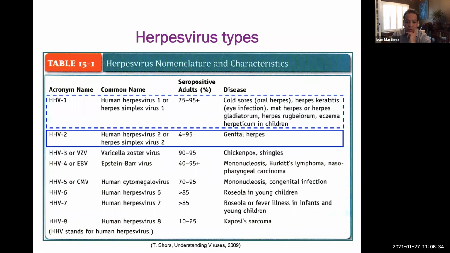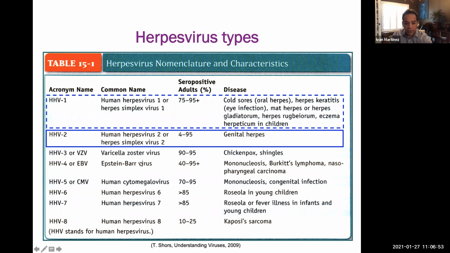This is just a table of the different herpes viruses that are related to human diseases. We cannot talk about all of them in just one class, but we're going to be mostly focusing on HSV1 and HSV2. They are related mostly to oral or genital herpes.